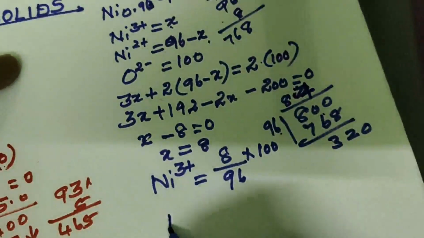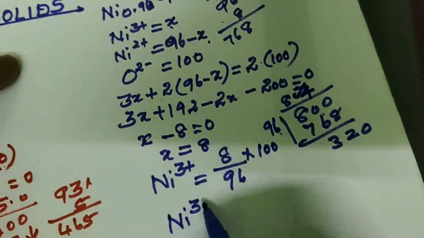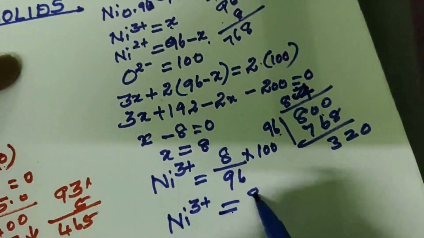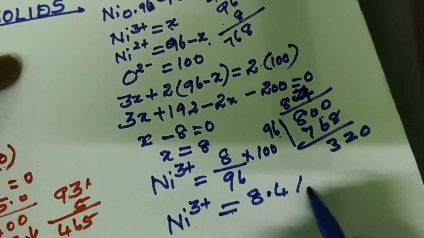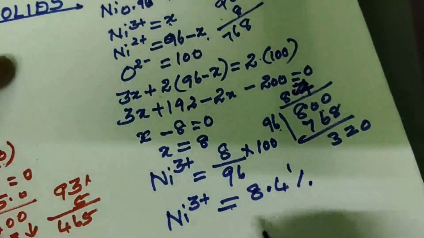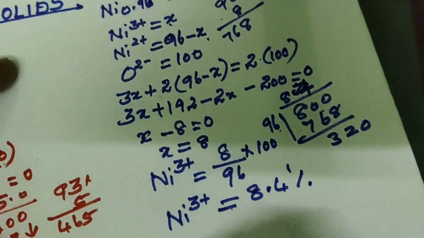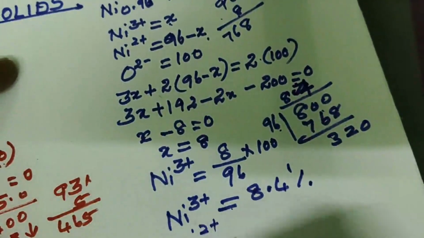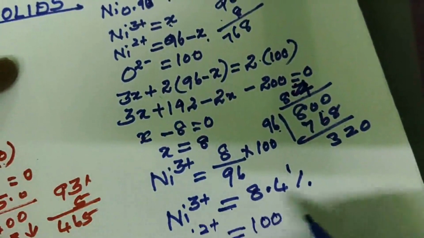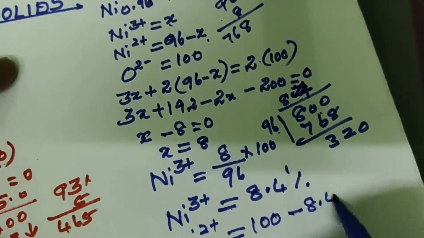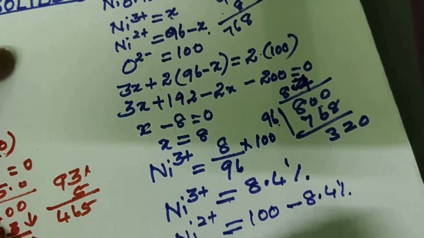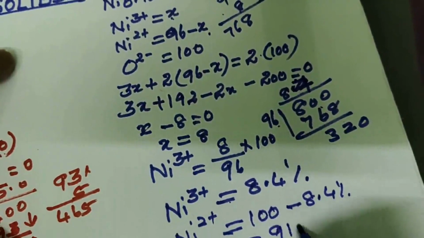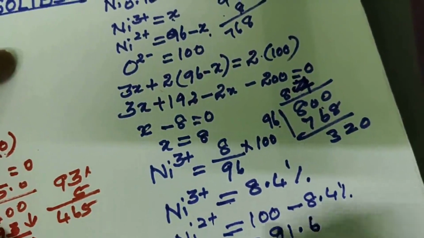So Ni3+ is 8.4%. If the question asks for the percentage of Ni2+, it is the remaining: 100 minus 8.4%, which is 91.6%.